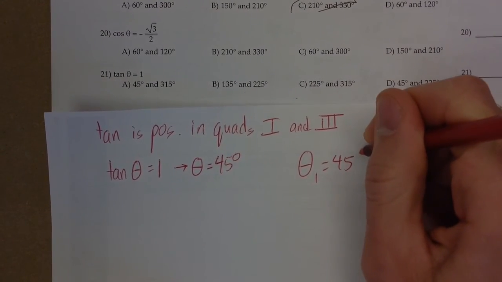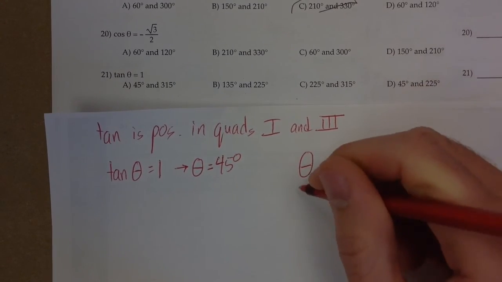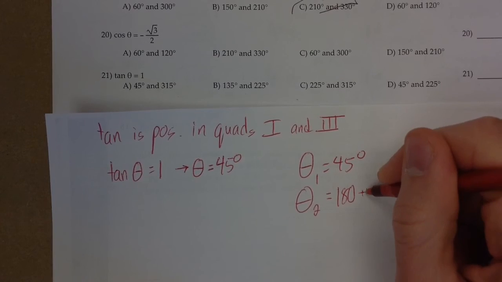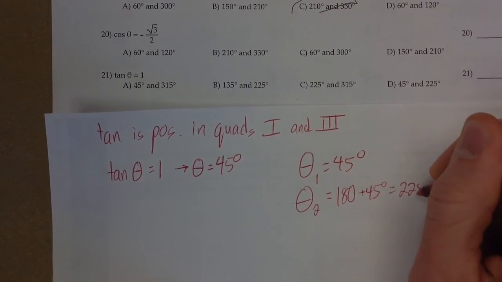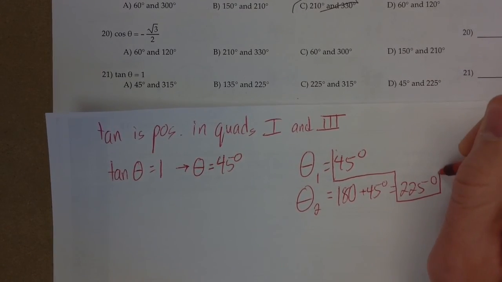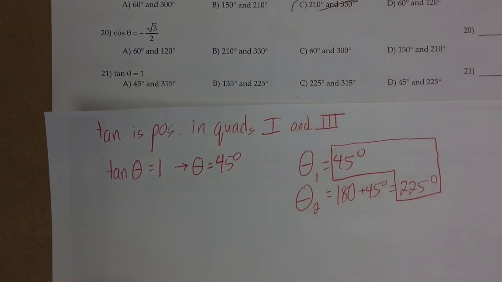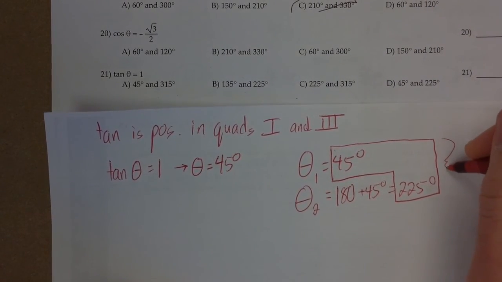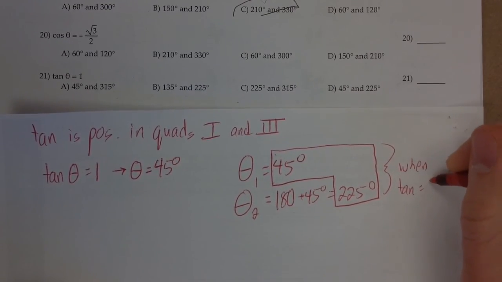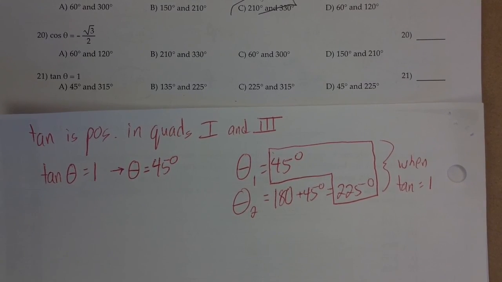Can you tell me the third quadrant angle that has a reference angle of 45 degrees? 225. You got it. That's when tangent's going to be positive 1. Okay? Any questions on 21?